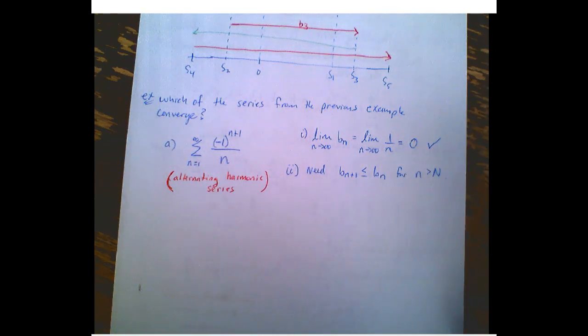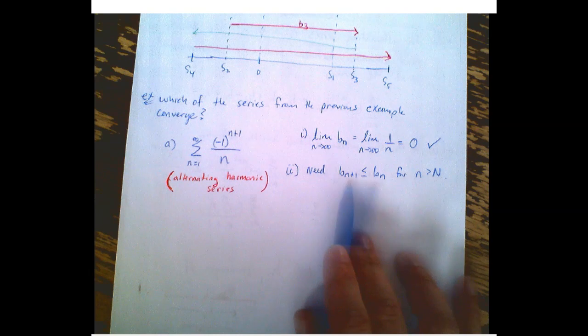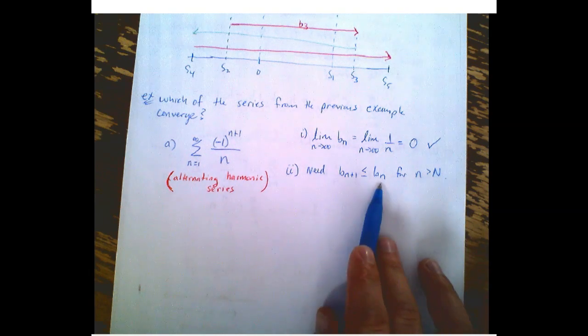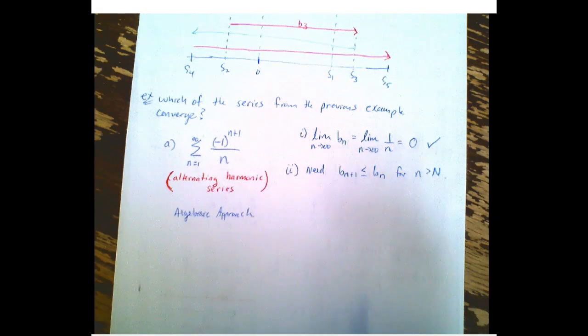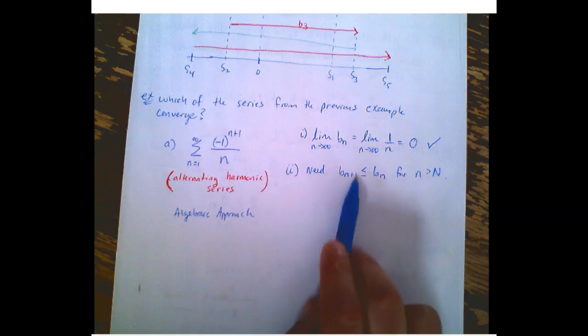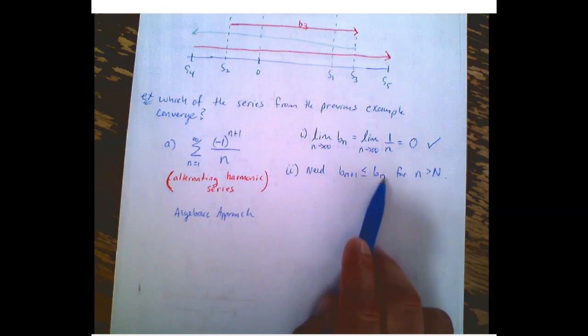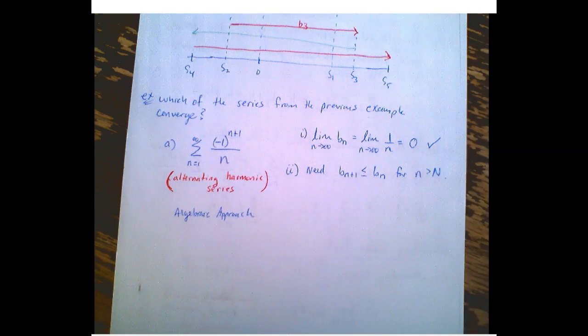So I'm going to do it two ways. I'm going to do an algebraic approach and a calculus approach. So, algebraic approach. What we want to show is bn plus 1 is less than or equal to bn for some values of n.